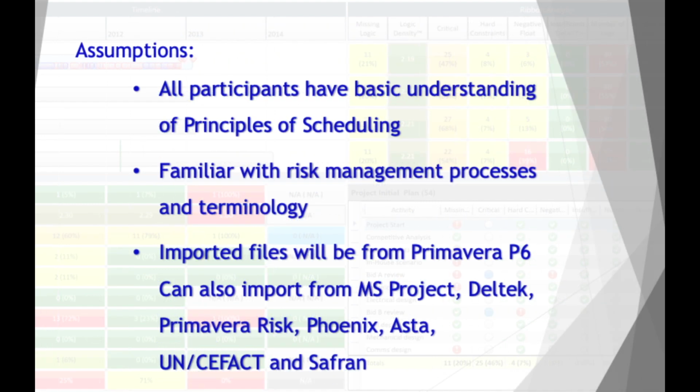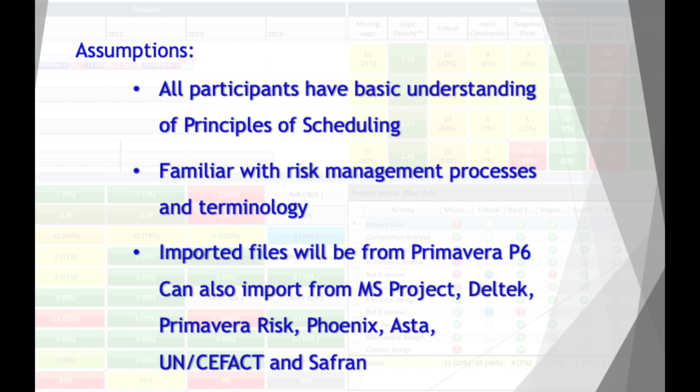Lastly, this course assumes that all participants have a basic understanding of the principles of scheduling and risk analysis. You should also be familiar with risk management processes and terminology. For this course, we will be importing Primavera P6 XER files. However, we could also import files from MS Project, Deltek, Primavera Risk, Phoenix, Asta, UN CFACT, and Safran.